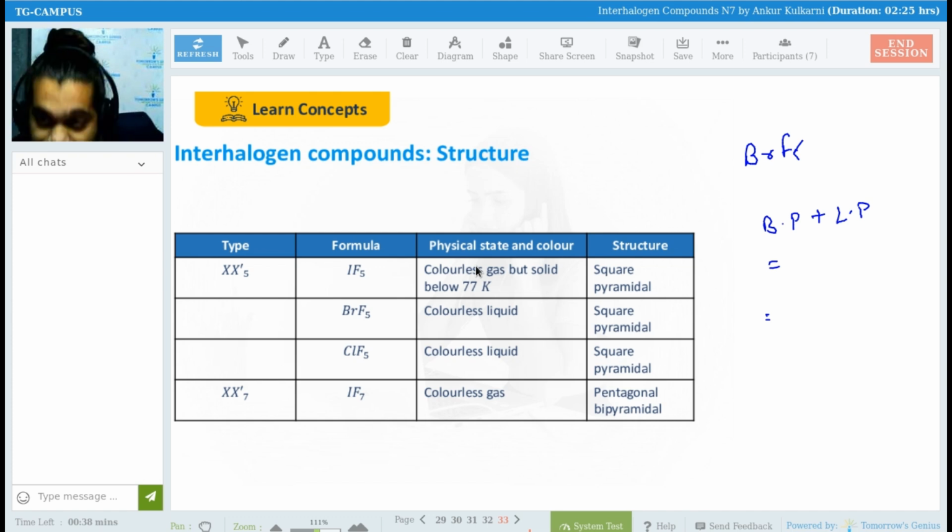Come on. How many bond pairs, how many lone pairs, and what is the hybridization?